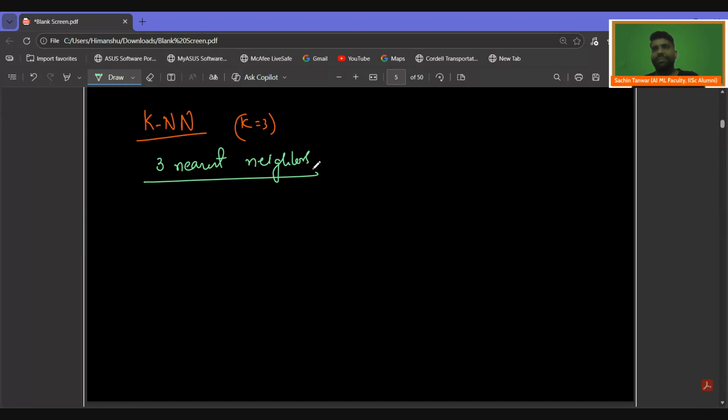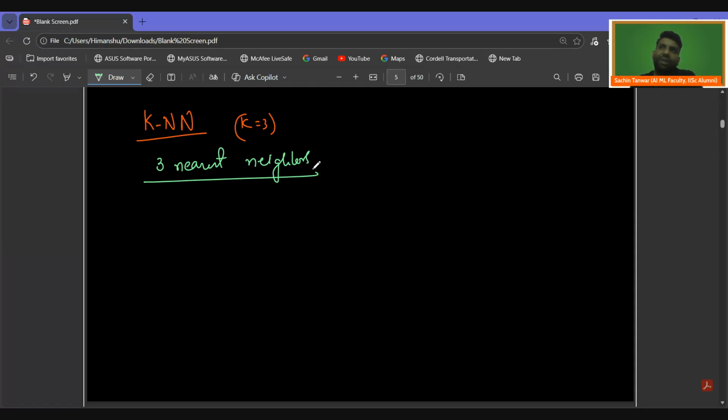You have already listened to the story while I was introducing this, so you already have data points. And then if I bring in a new data point, what should be the class or target variable for that? We just look for the 3 nearest neighbors, and whatever their target variable is, we decide based on that.